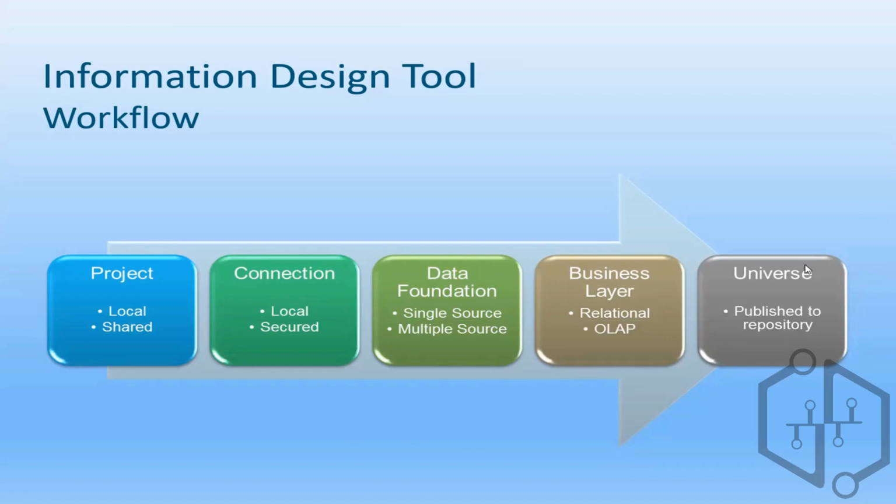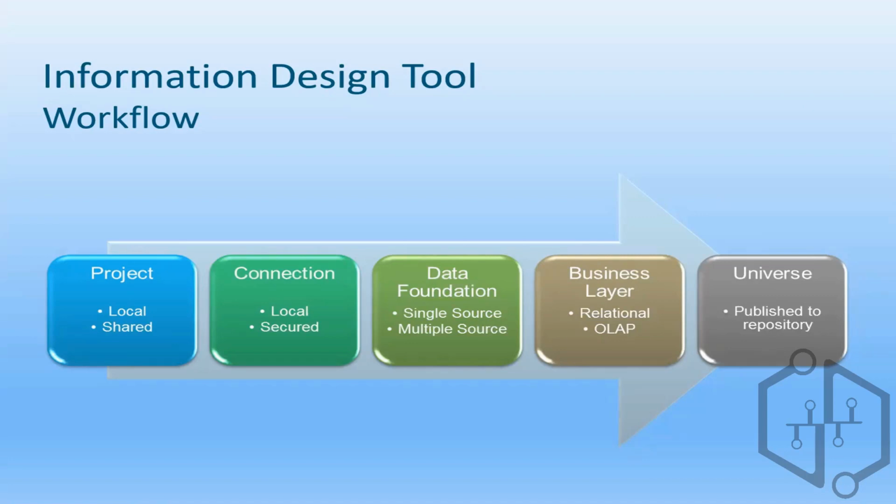So like that, we will create classes and objects according to the business terminology so that the user can easily understand what it is. After creating the business layer, finally the universe will be created, and we will check the integrity, and if everything goes well, we will publish that to the repository.